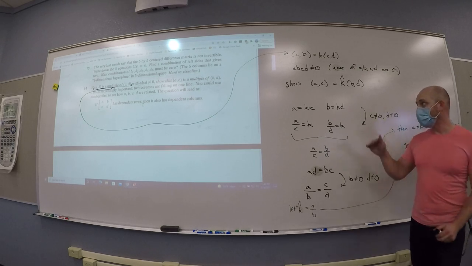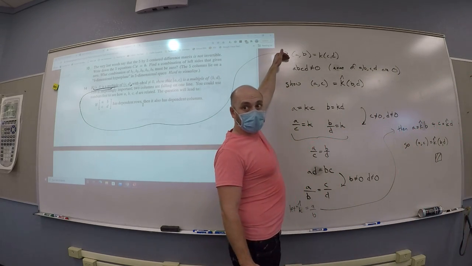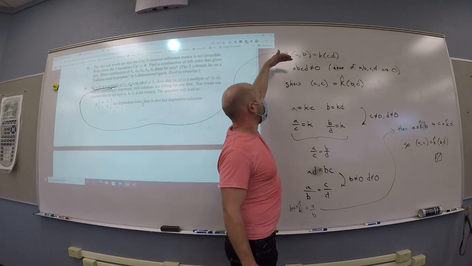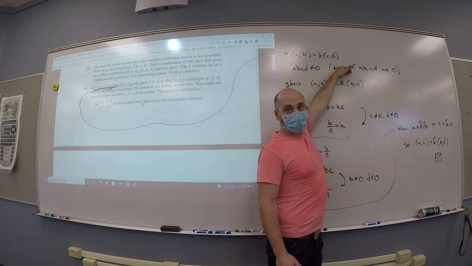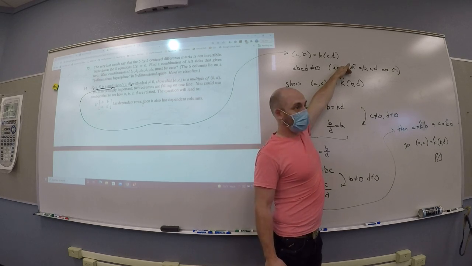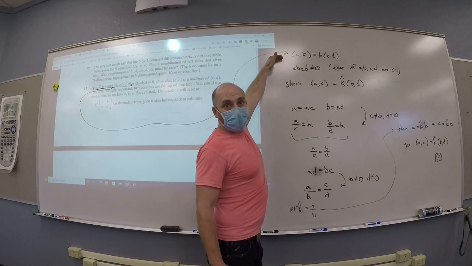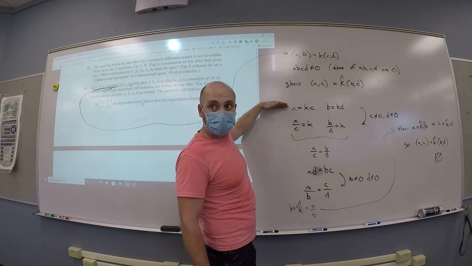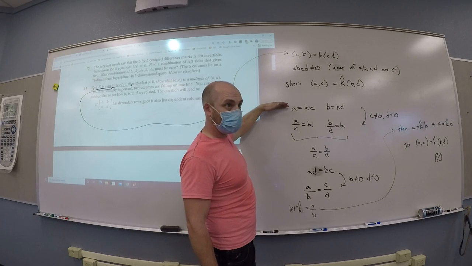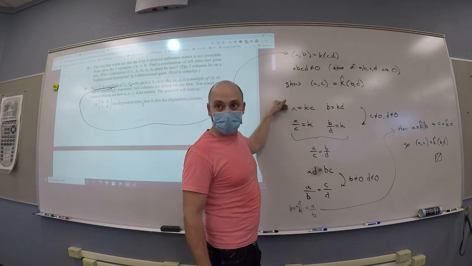Mm-hmm. So if I was writing stuff here, I would be saying, assume this, and this. This second thing means that none of these are 0. Then I'm going to say, by the way scalar multiplication works, I know these two statements are true. Really that's, let k be a scalar such that this.